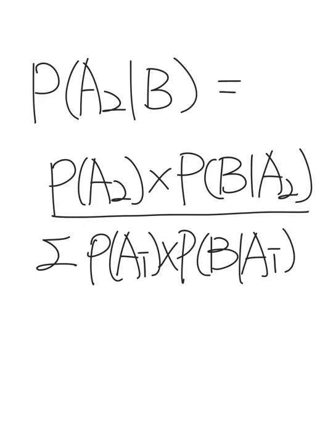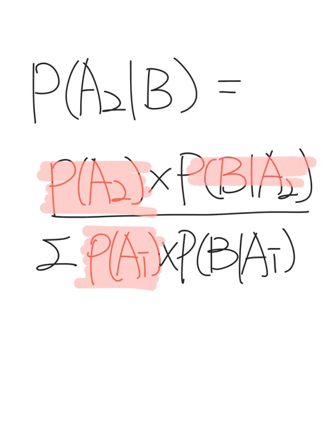I'm a genius, I can remember any formulas. No, I'm not. Look at this. Here is the A, the single A2. Here is the Ai in general, because we are going to take the sum. B given A2, and B given Ai.